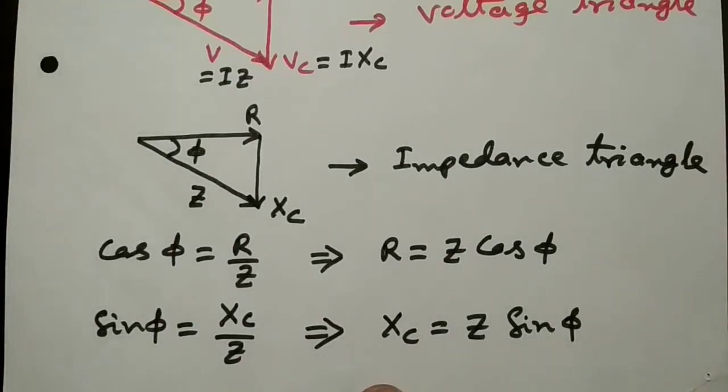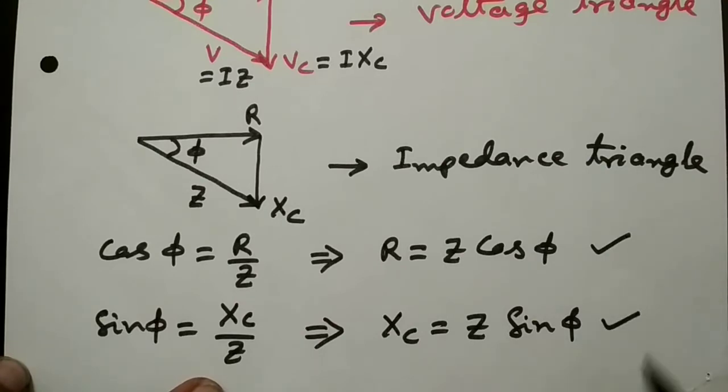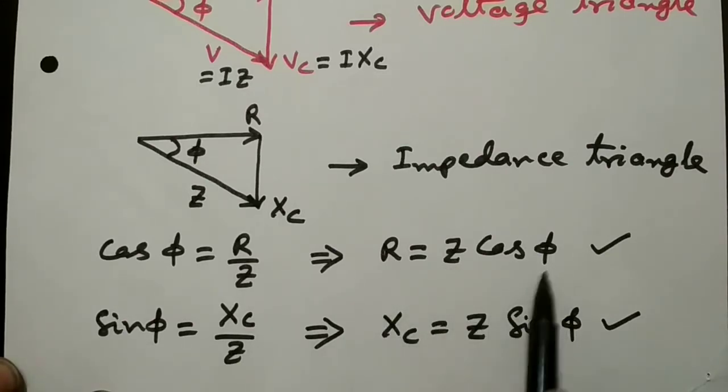These two relations are similar to the relations that we obtained in the RL series circuit, and they are important for numerical calculations. So R can be calculated by multiplying impedance with the power factor, and XC can be calculated by multiplying impedance with the value of sin phi.